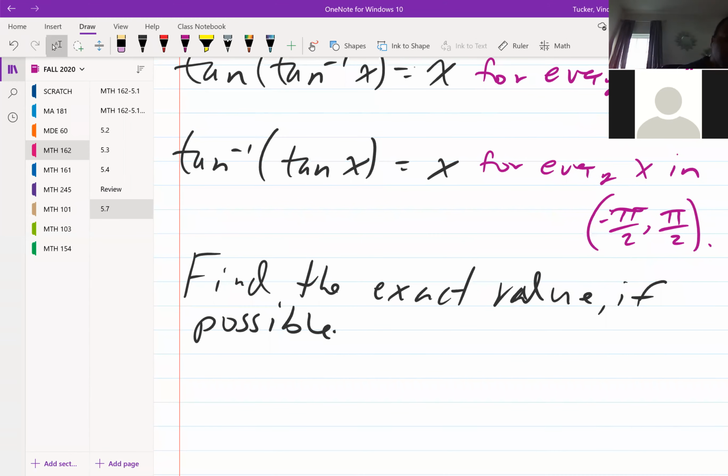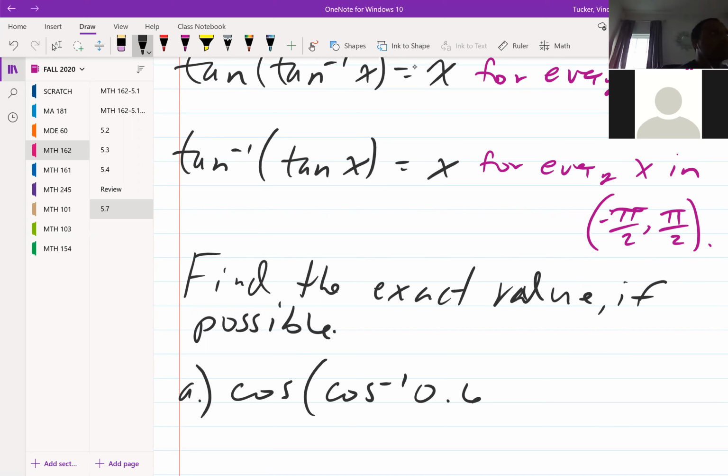All right, so we're going to find the exact value. Okay, hold on 1 second.